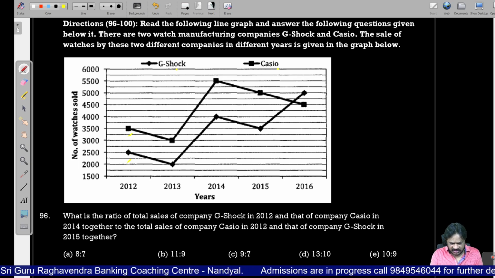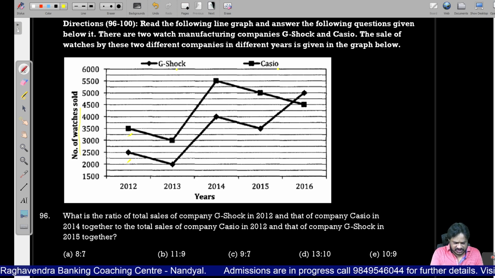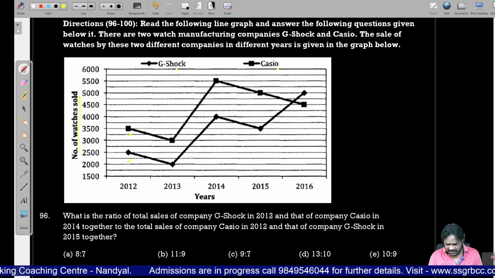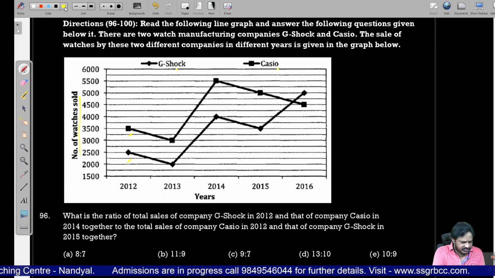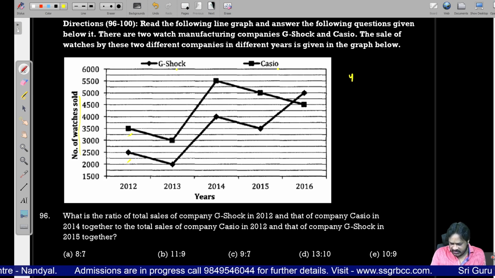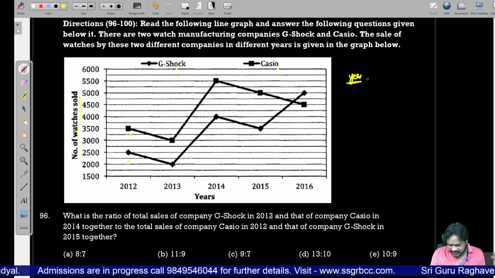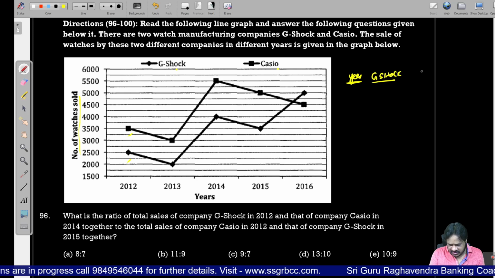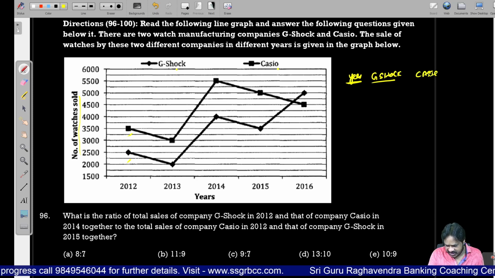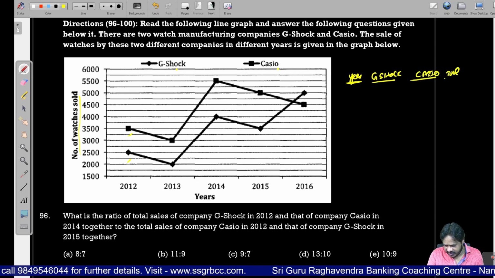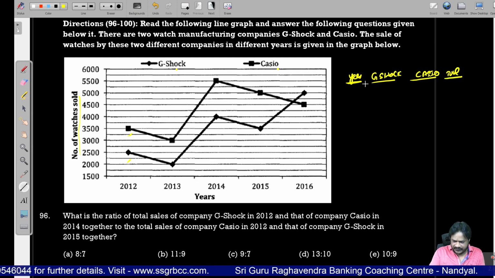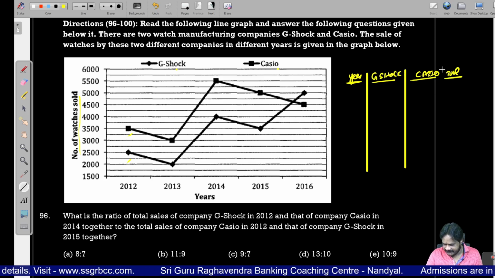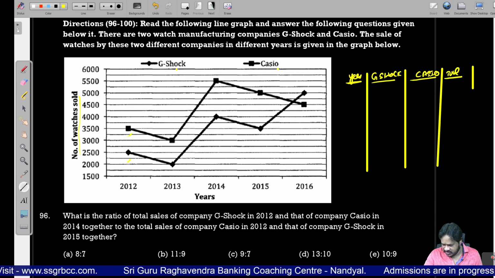Now these are the values, number of watches sold in different years from 12 to 16. Let us draw one table first. First one is the year. Next one is G-Shock. Next one is Casio. Next one should be the total. Year, G-Shock, Casio, and the total.